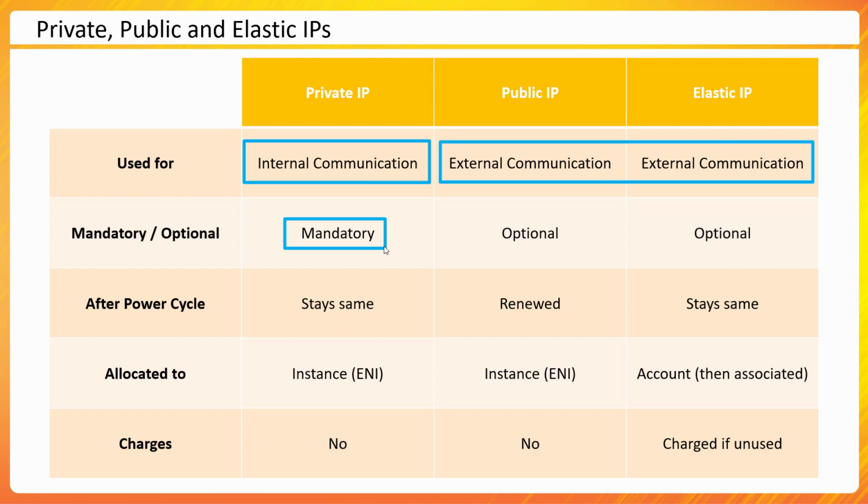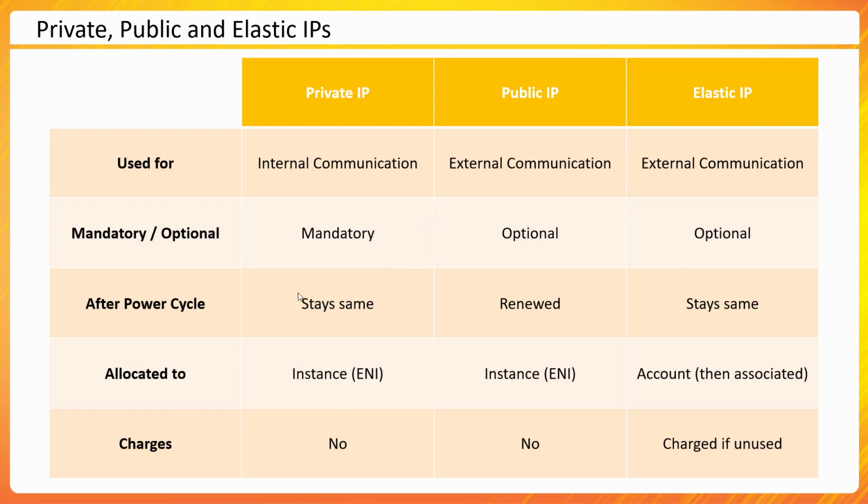Private IP is mandatory. You may not have a public IP or elastic IP, probably if you are launching your instance on a subnet which is your private subnet. So in a private subnet, we do not have a public IP. That's why it is my private subnet. So in that case, I would still have a private IP.